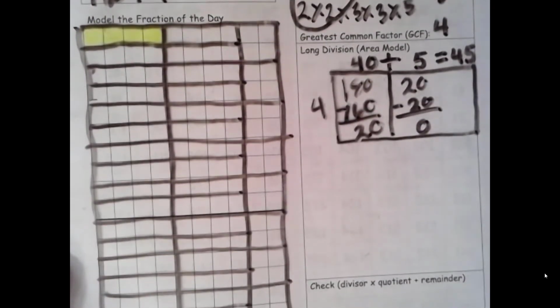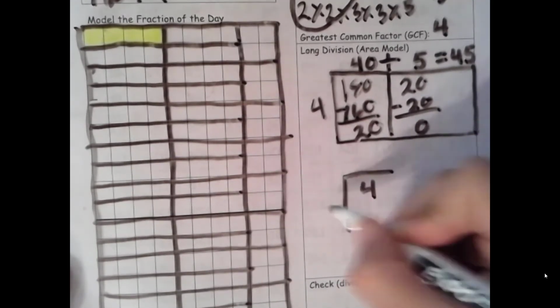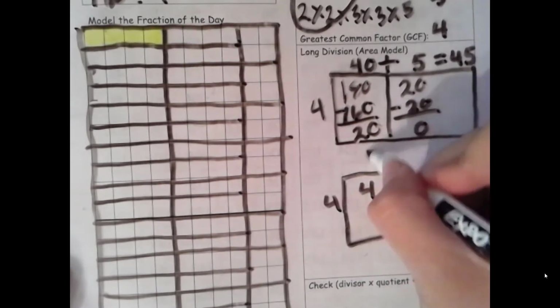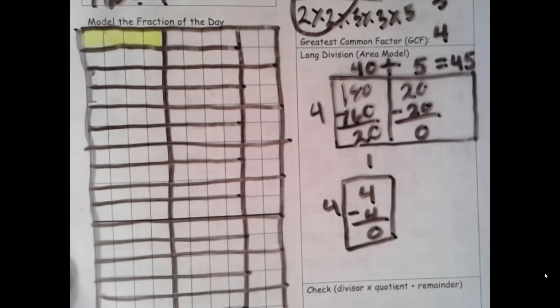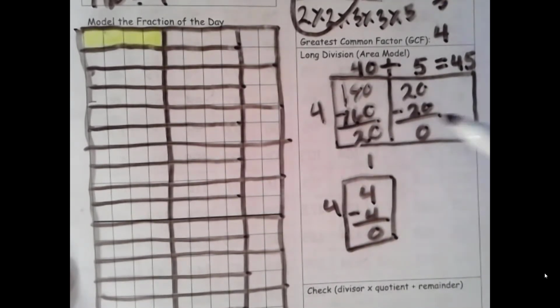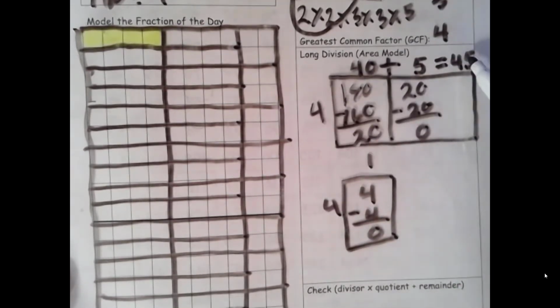Okay, now 4. Well, 4 times 1 is 4. Numbers the same, zeros a game. Now I still need to check. And my way of checking is the expression of the divisor times the quotient plus the remainder.